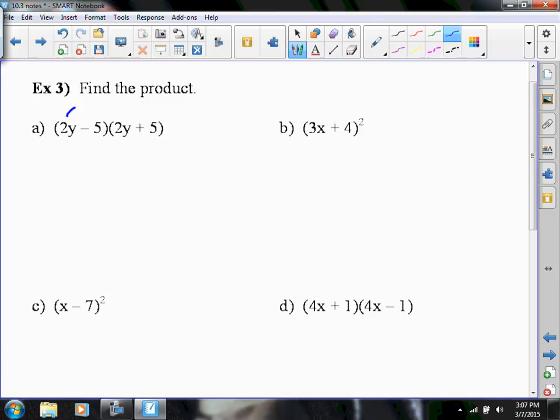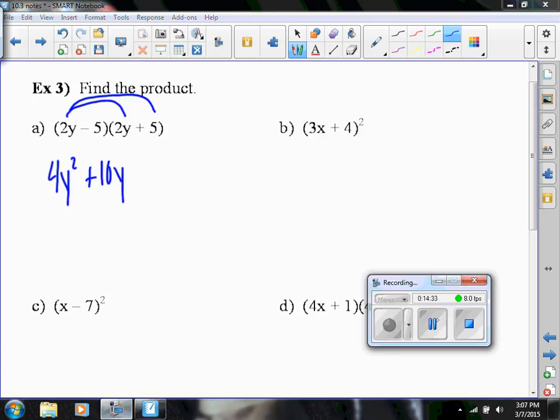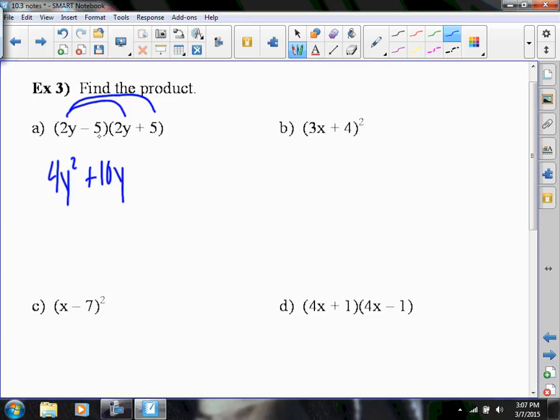So I'll have 2y times 2y is 4y squared. And 2y times 5, that'll be 10y. Then I will do the negative 5 times 2y. So that'll be minus 10y. So those two terms are going to cancel then. And then negative 5 times positive 5, that's a negative 25.